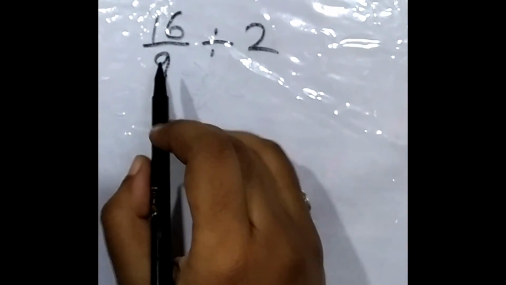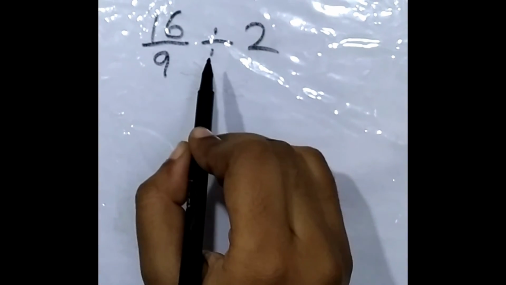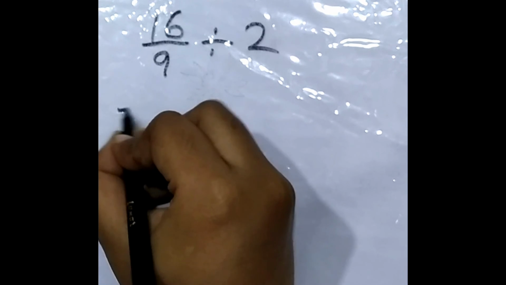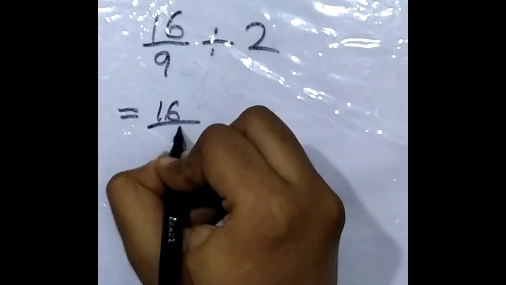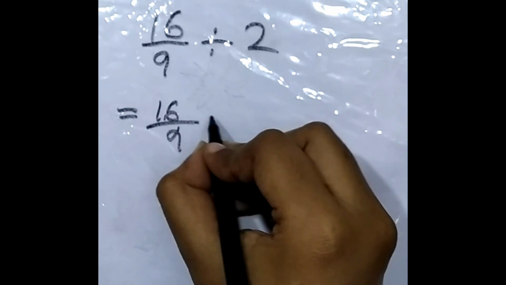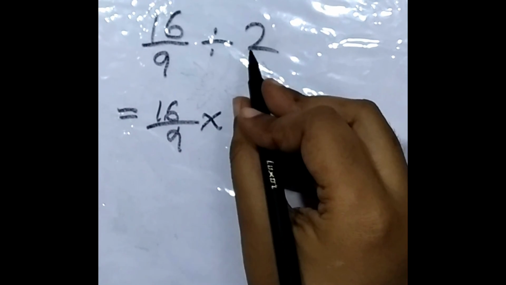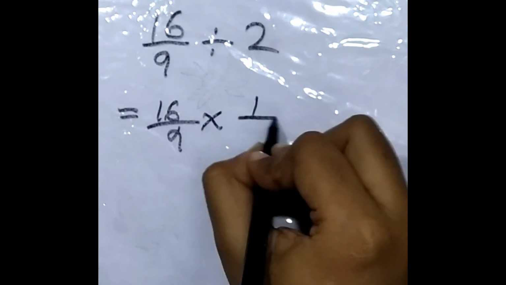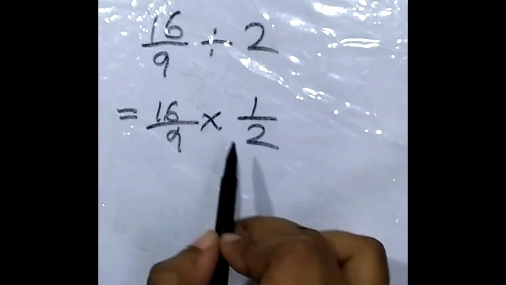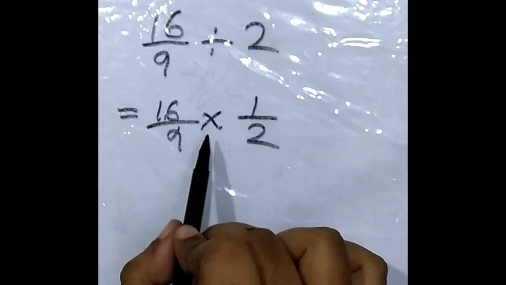Next, 16 upon 9 divided by 2. First we will write the fraction as it is, 16 upon 9. Instead of division we will put multiplication. And what is the reciprocal of 2? 1 upon 2. So see here, now you can cancel, because multiplication is there.